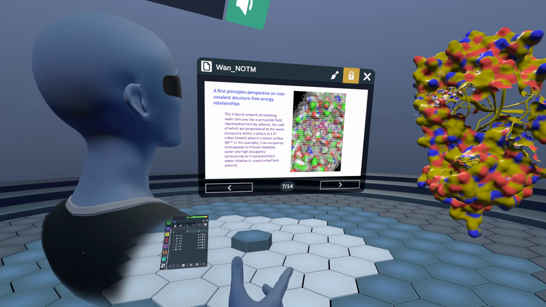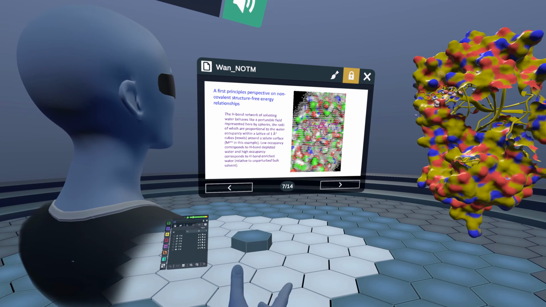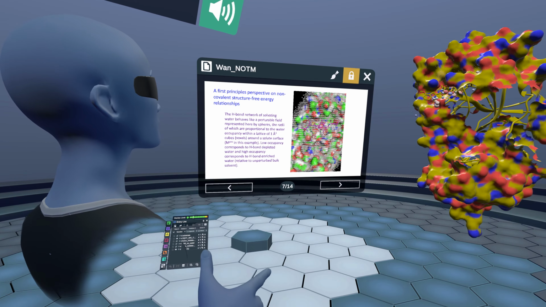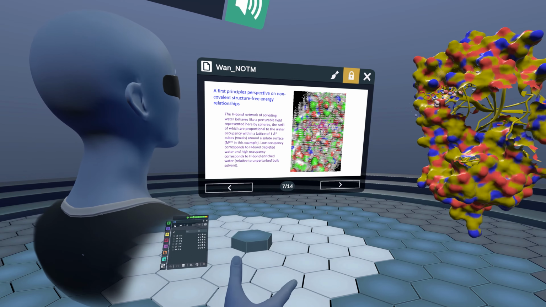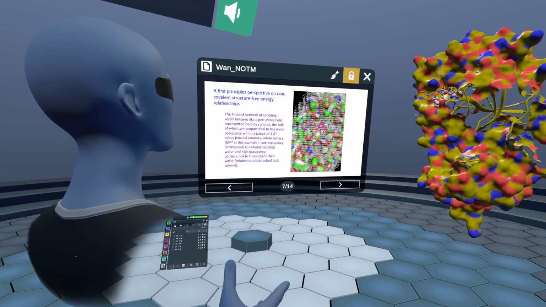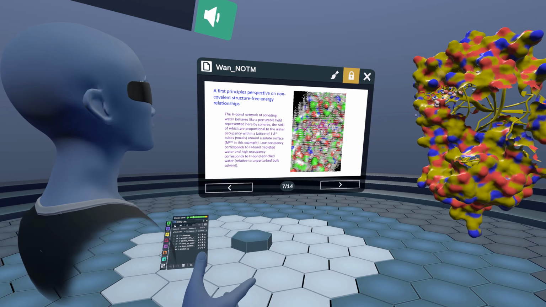There are going to be hills and valleys in the terrain of that surface, and the water is trying to conform to those hills and valleys, and so the hydrogen bonds may be distorted in some places and really well defined in other places.